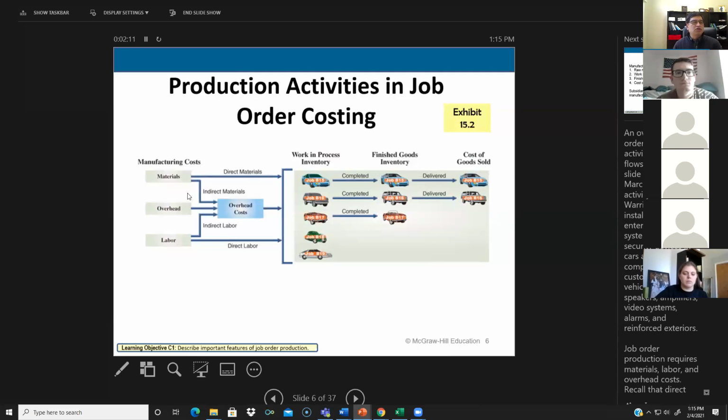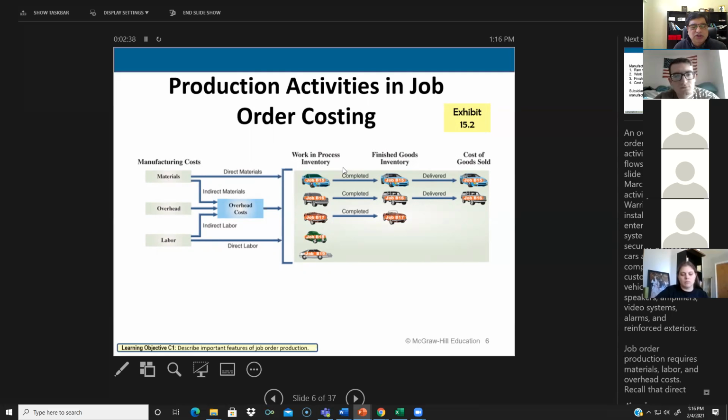So this is how it looks. You've got material, you've got overhead. Can you see this slide? Yes. So manufacturing cost, as we said, includes the material, labor, and the overhead, right? As far as the material is concerned, it could be direct material.